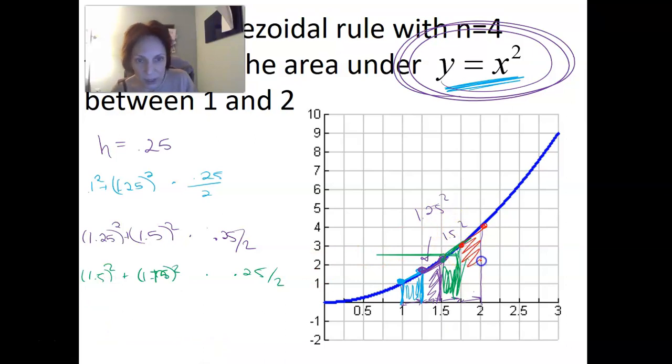And in a minute, we'll talk about what it would look like if you use the shortcut method. Okay, here for my last one, I've got a base of 1.75 squared and a base of 2 squared, times my height, 0.25 over 2.